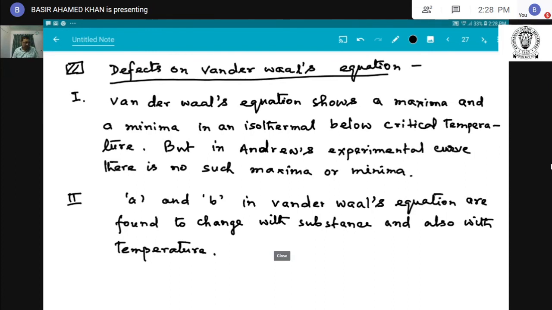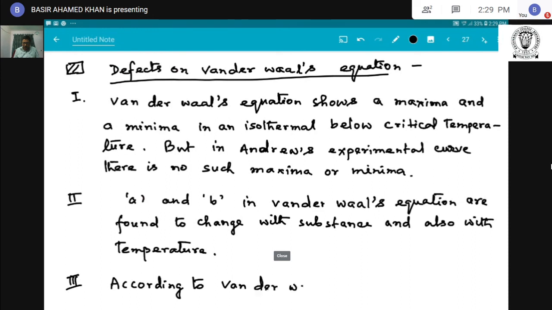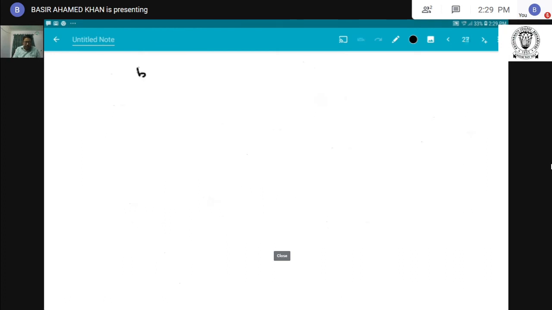Third, according to van der Waals equation, Vc equal to 3b, that means b equal to 1/3 Vc.